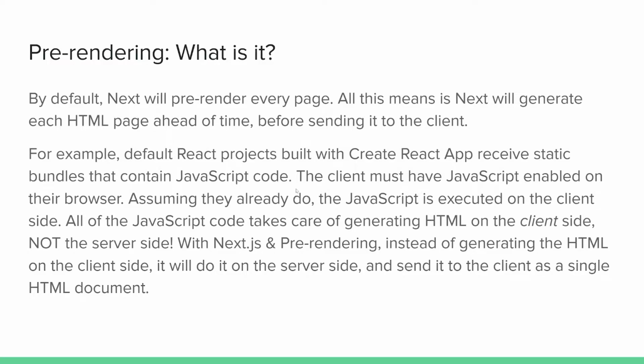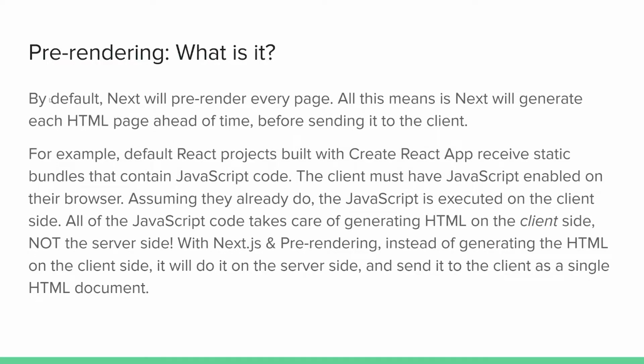So we'll first start with talking about pre-rendering in Next.js. And keep in mind that these concepts are not explicit to React or Next. Many other frameworks like Angular, Vue, they have their own ways of supporting server-side rendering. So you can look into that. So pre-rendering, what exactly is pre-rendering?